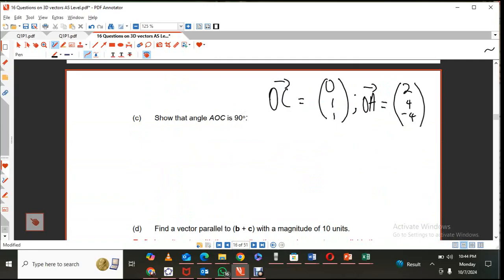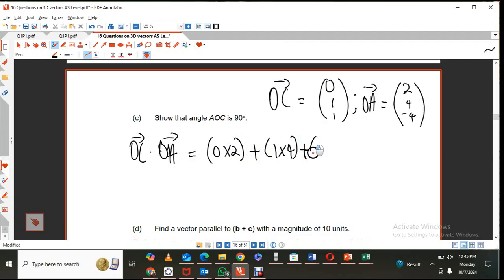In order for us to do that, we don't have to calculate the angle. They do not ask us to calculate the angle. The only thing that we need to do is prove that if we take the dot product of vector OC and vector OA, we are going to get 0. Of course, that will be 0 times 2 plus 1 times 4 plus 1 times negative 4.